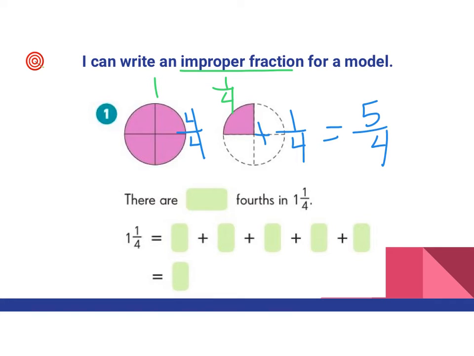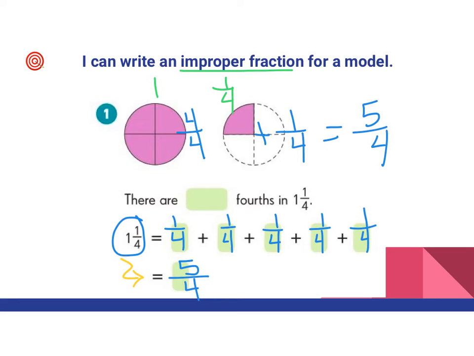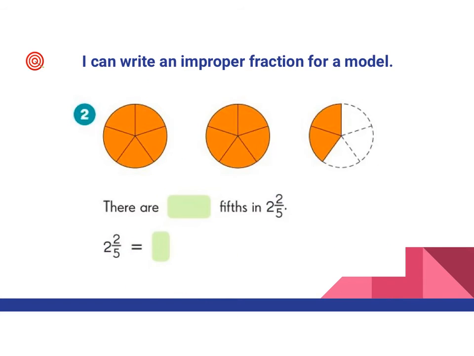So the equivalent improper fraction for 1 and 1/4 is 5/4.